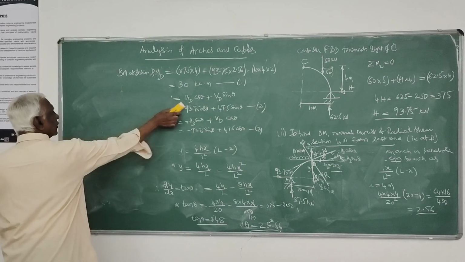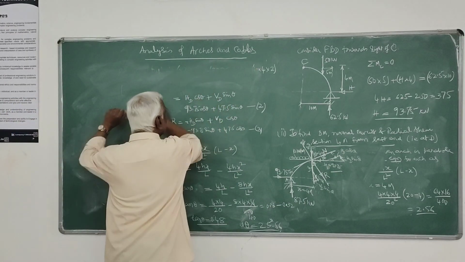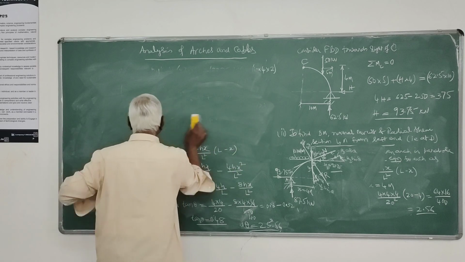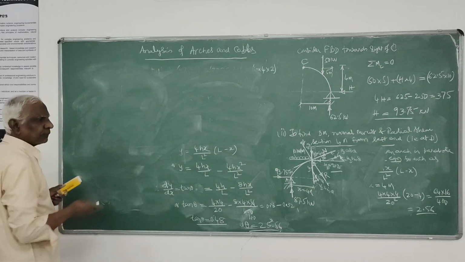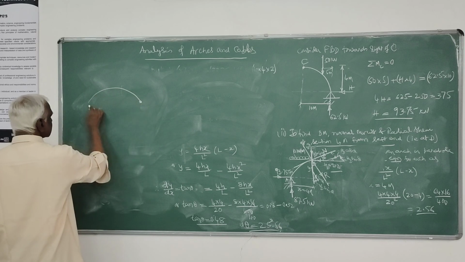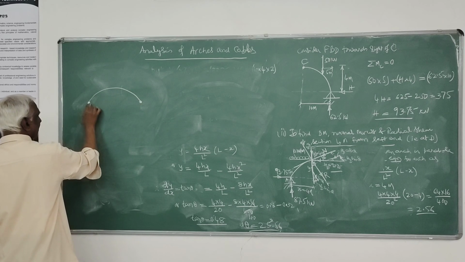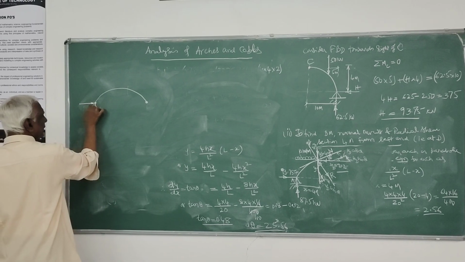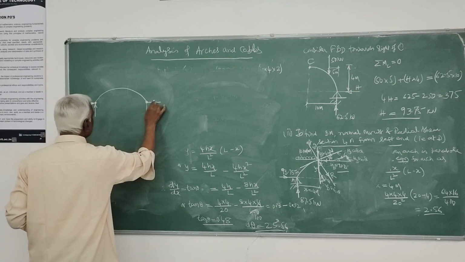Get this, how to draw the bending moment diagram for the arch. Generally, a general procedure for drawing the bending moment diagram, because this arch we can treat as a simple beam.